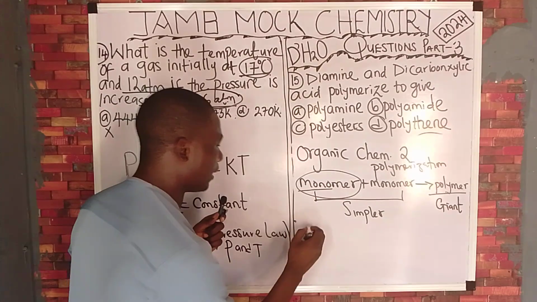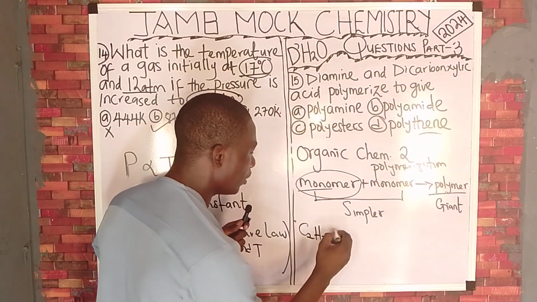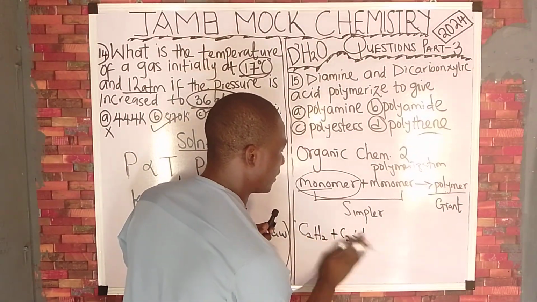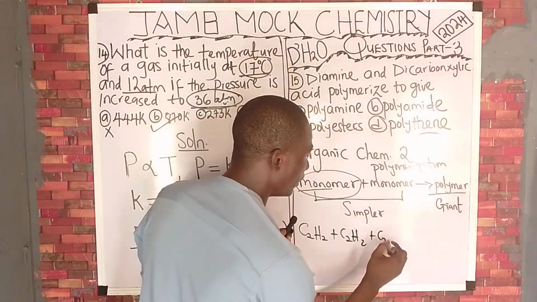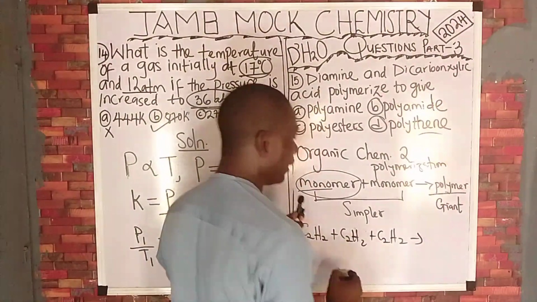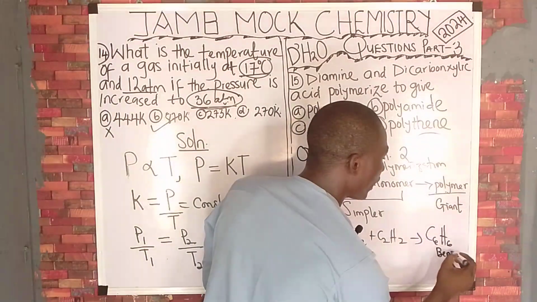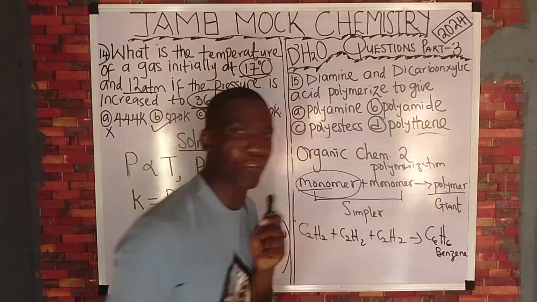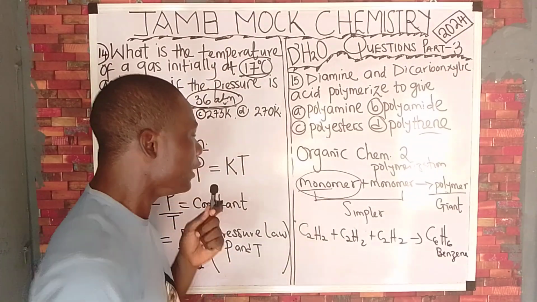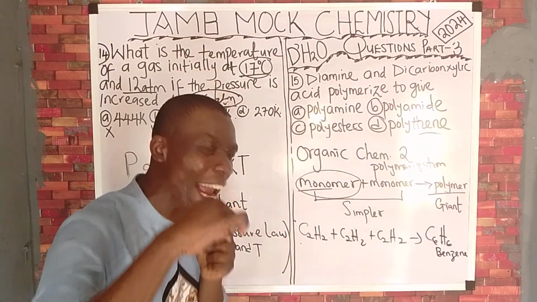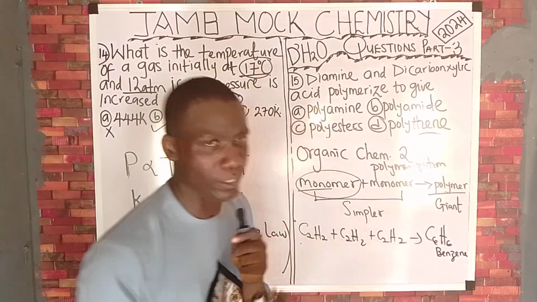If I have ethyne plus ethyne plus ethyne, it is going to give us a polymer C6H6, called benzene. So as far as polymerization is concerned, the polymerization of ethyne will give us benzene.